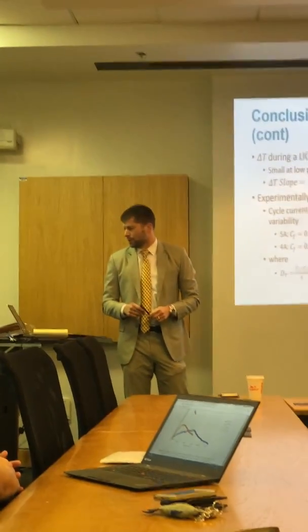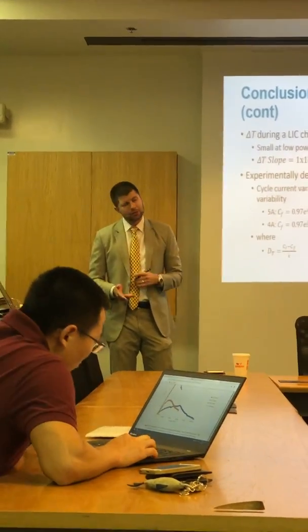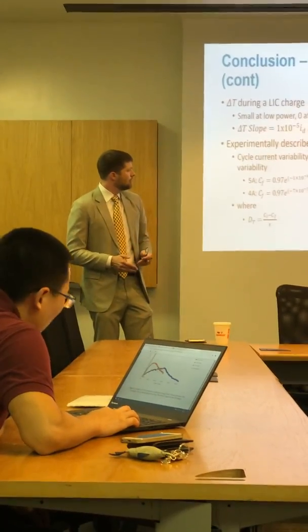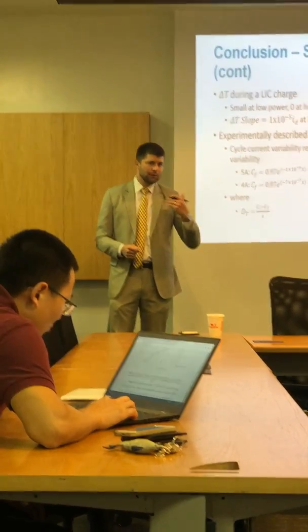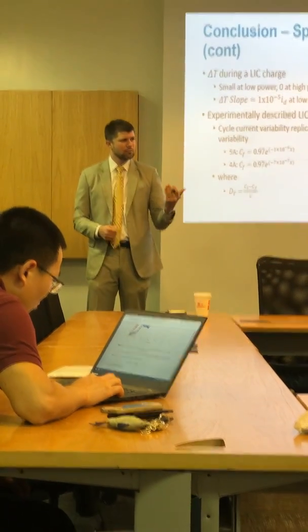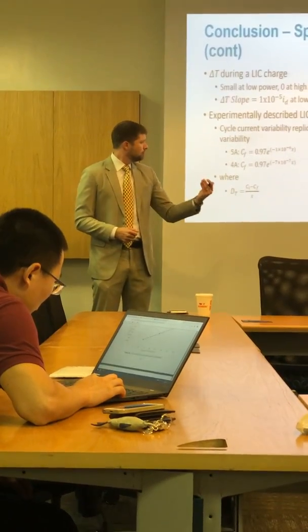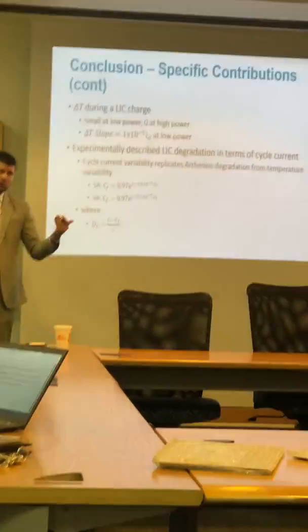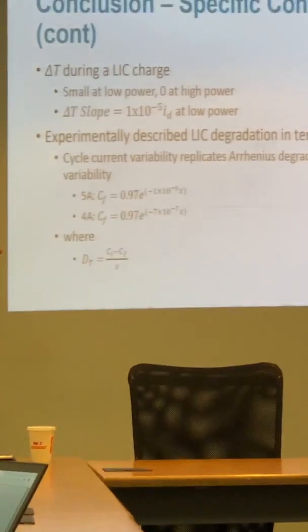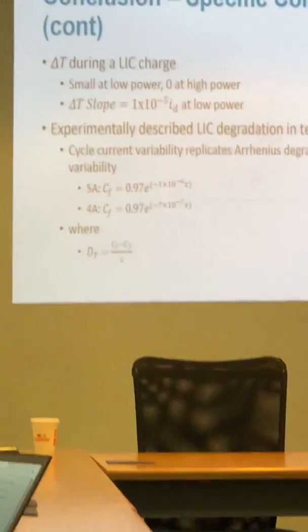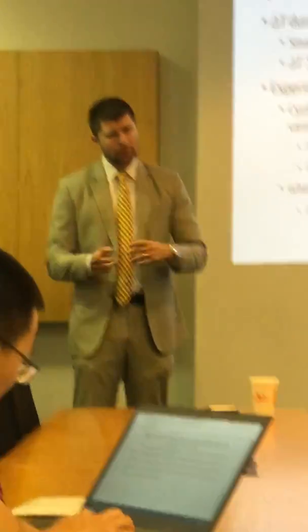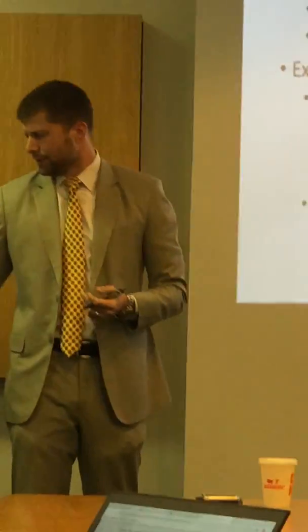Also, I experimentally described the lithium-ion capacitor's degradation as a function of cycle current and found that you still have a very similar Arrhenius degradation with increasing the current as you do when you increase the temperature. So there's some sort of relation between the cycle current and the temperature of the LIC.